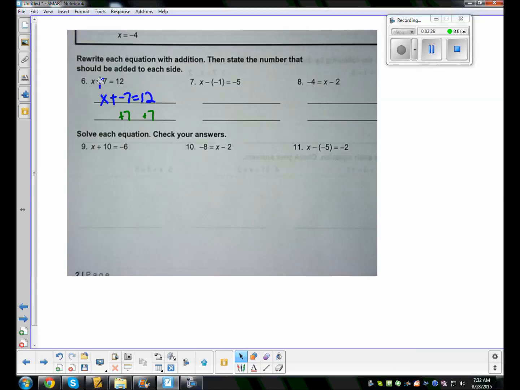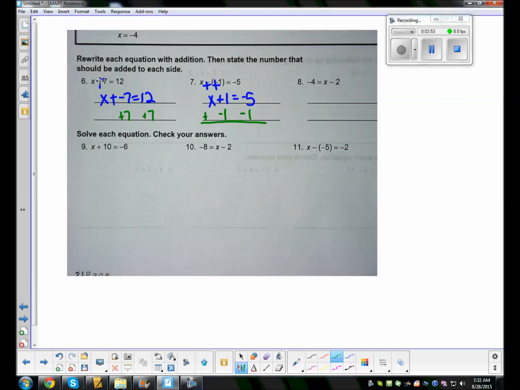Okay, number 7, the same thing. It's x minus a negative 1. I can write it as an addition problem if I add the opposite. So the equation is going to end up being x plus 1 equals negative 5. And the number that's going to be added to both sides is a negative 1.